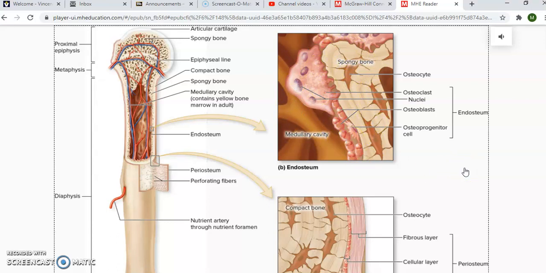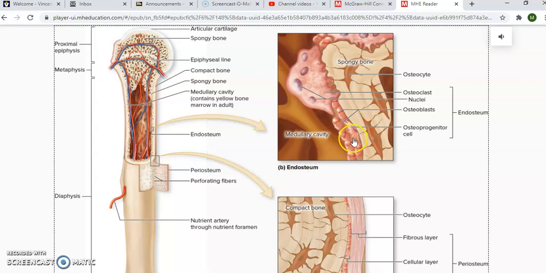So the first cell that I want to let you know about is called an osteoprogenitor cell. So it's listed here, osteo for bone and then progenitor. So that means that it's the first cell to produce something. I'm going to orient you here.